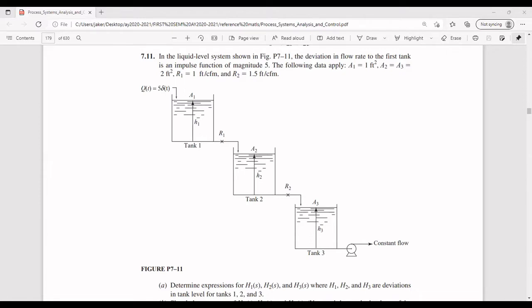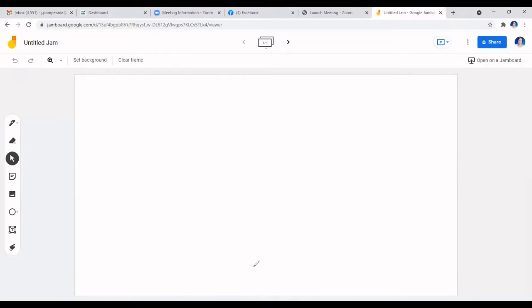I will not anymore draw the system because it was shown to you already. So I'll go straight to the solution. We can go back to that particular part in the book when we need some information.